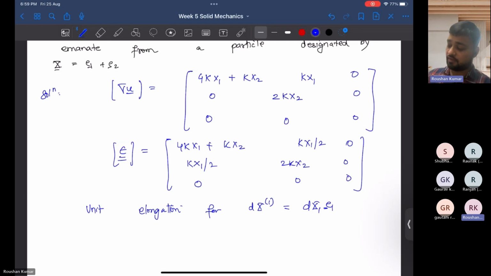What is the value of epsilon along the E1 direction? The strain tensor component along E1 is 4k x1 plus k x2.